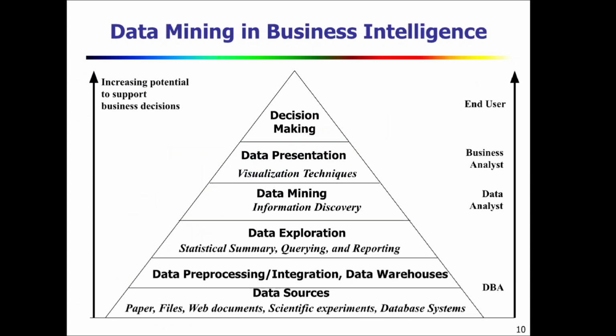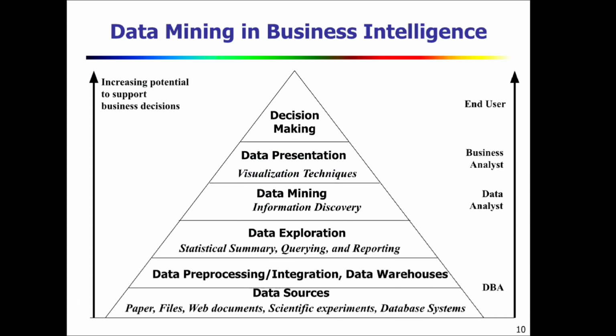It all starts from data sources, for example papers, files, web documents, scientific experiment data, or database systems. Then data pre-processing will happen, where the important data will be extracted. Data from multiple sources are integrated and stored. After storing, data exploration happens, like statistical summary, querying, and reporting of the stored data.